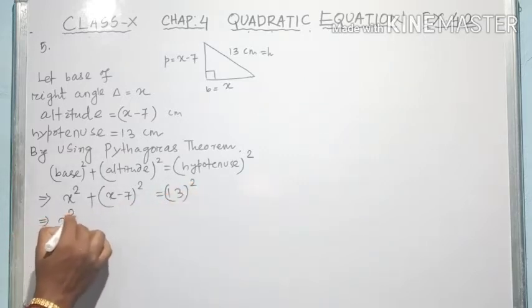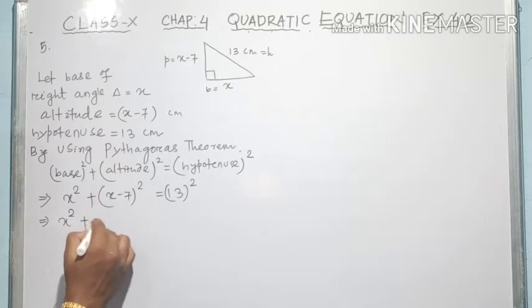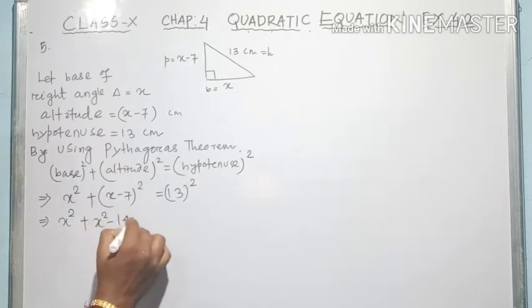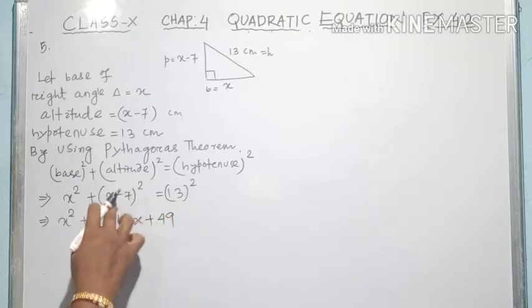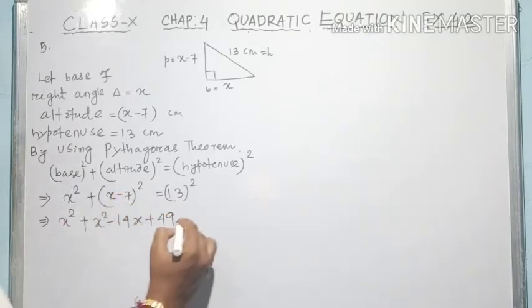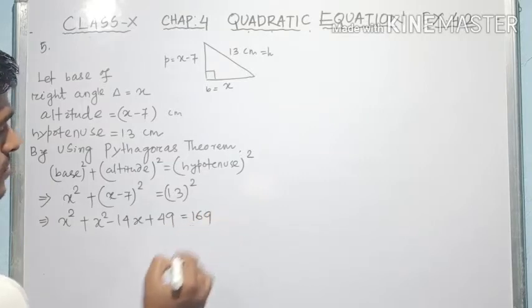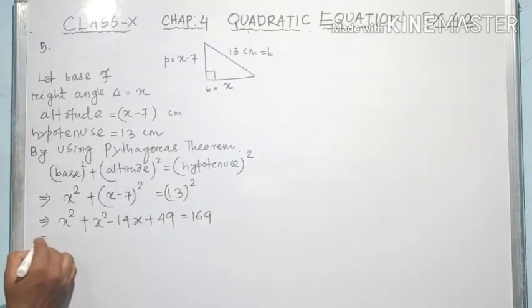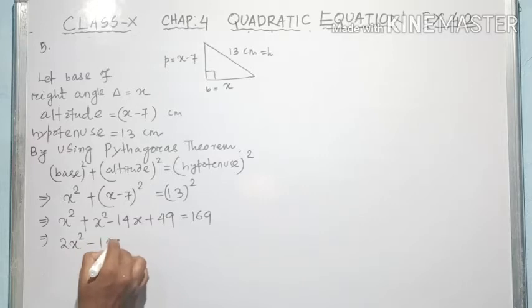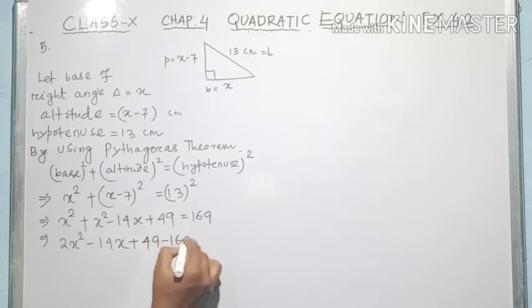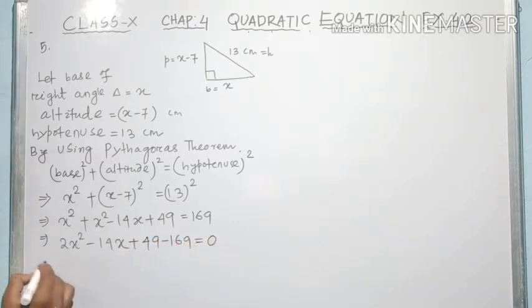This implies x square plus x square minus 14x plus 49, and putting the value of 13 square, we get 169. This implies 2x square minus 14x plus 49 minus 169 is equal to 0.